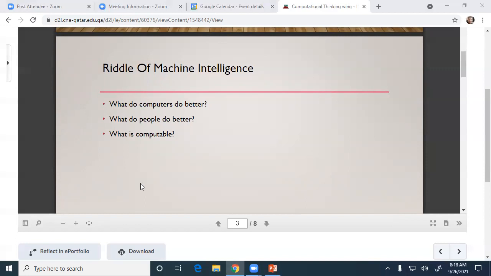There are some things that humans do better at the moment. And I suppose if we get to the point where computers can do everything better than humans, that would be like the movie that you may have seen, The Terminator, and they refer to that as the singularity.